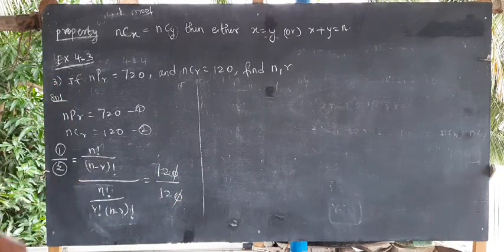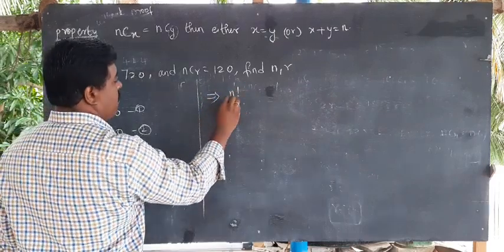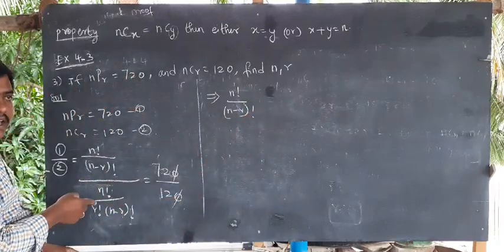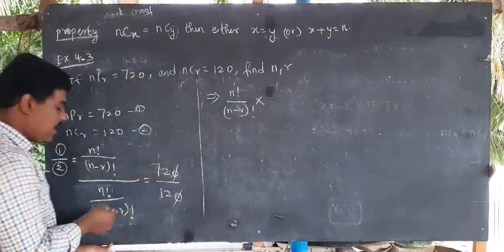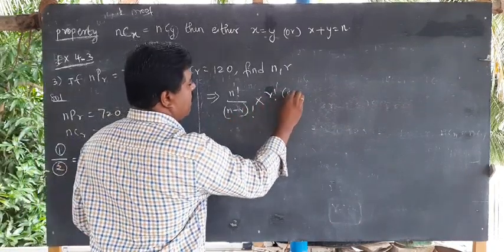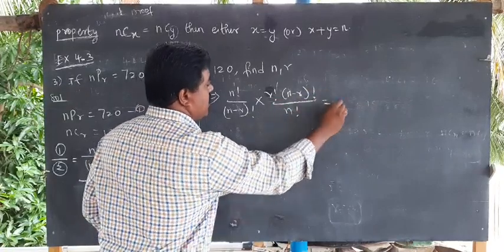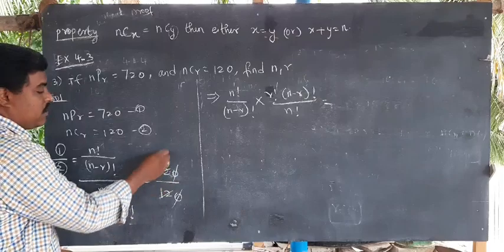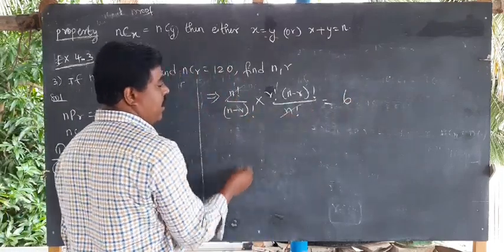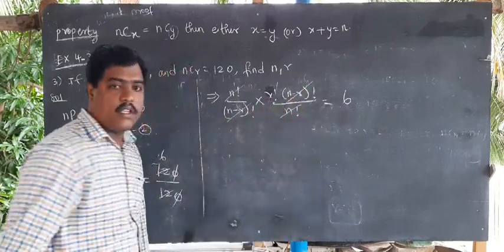This divide I change into the multiply symbol, meaning I write the reciprocal. So r factorial into (n minus r) factorial by n factorial. This equals 12 6 times, equals 6. n factorial, n factorial, (n minus r) factorial, (n minus r) factorial cancel. So r factorial equals 6.